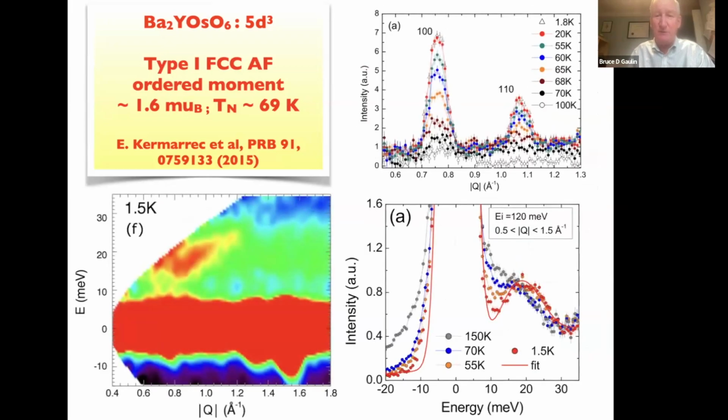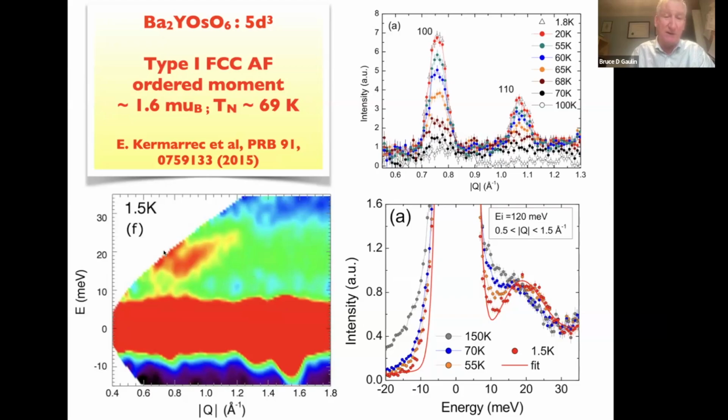Then the surprise was really in the inelastic scattering, which I'm showing you now here on this plot, because as I mentioned, as an orbital singlet, we were really expecting little or no anisotropy. But in fact, so this is the inelastic spectrum on the bottom panels. So this is a color contour map on the left, and then slices through that data on the right.